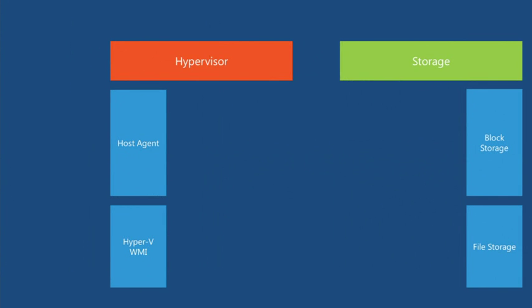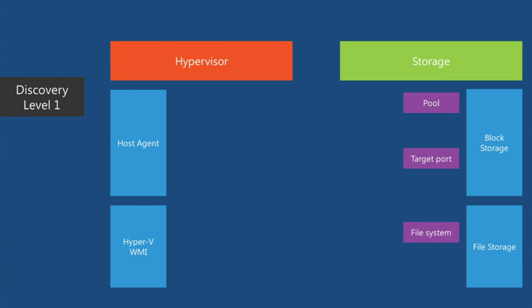Now, just a quick walkthrough of how you can actually do mapping. We do this in multiple levels. We have a first level discovery on the storage side, which, in the case of block storage, gets you information about the pools that are configured on that storage device and the target ports. And now in Windows Server 2012, we also start to manage file servers, because you can have your virtual machines on SMB storage.